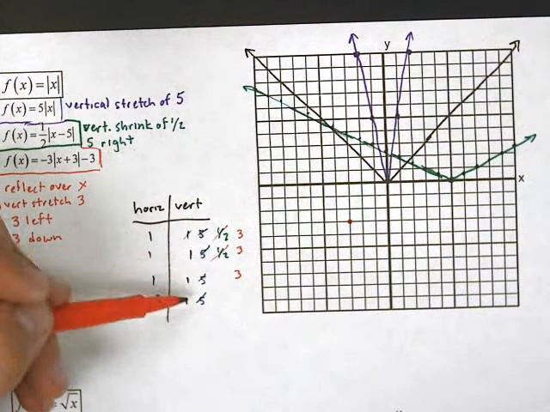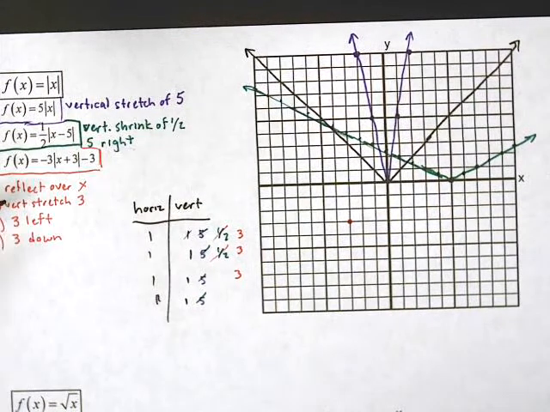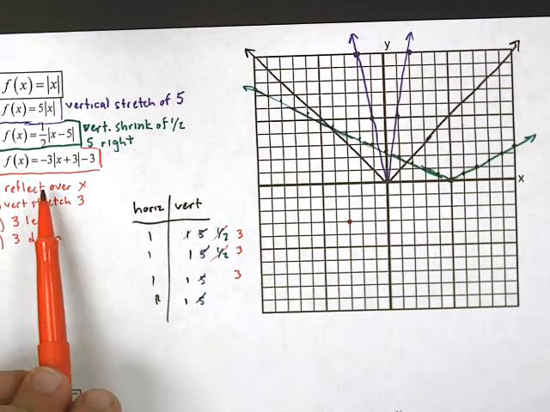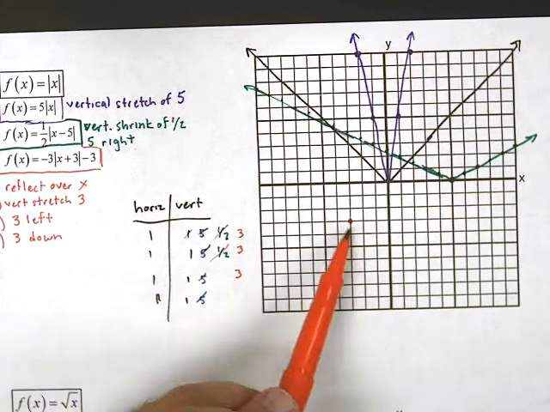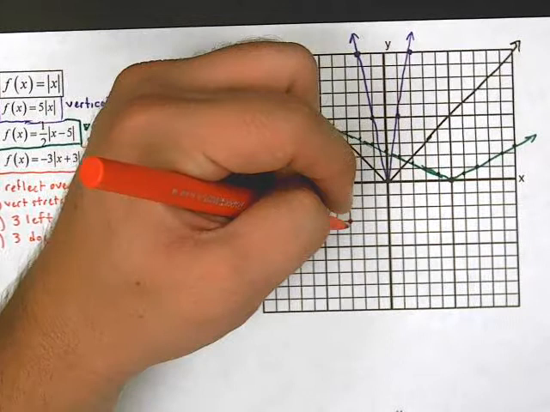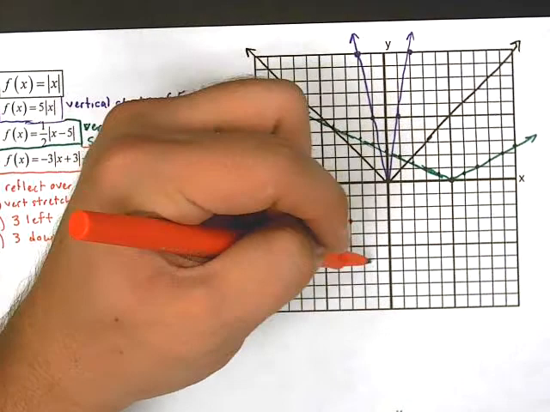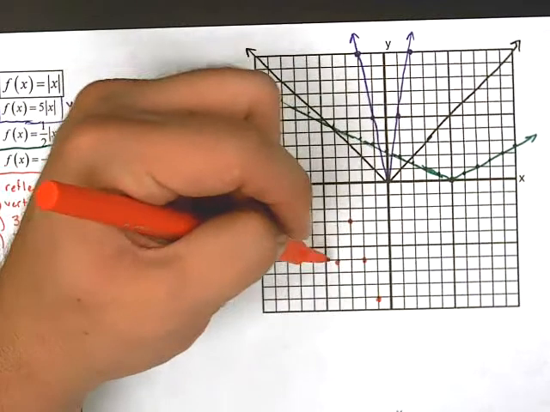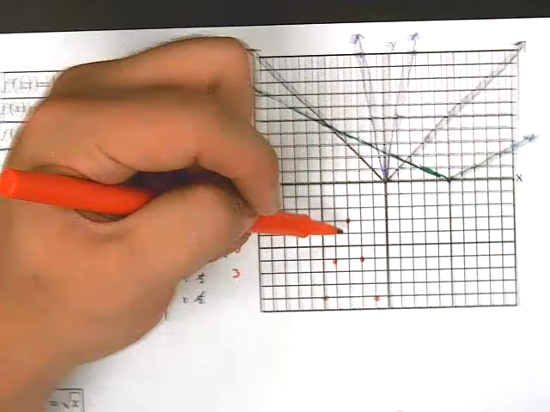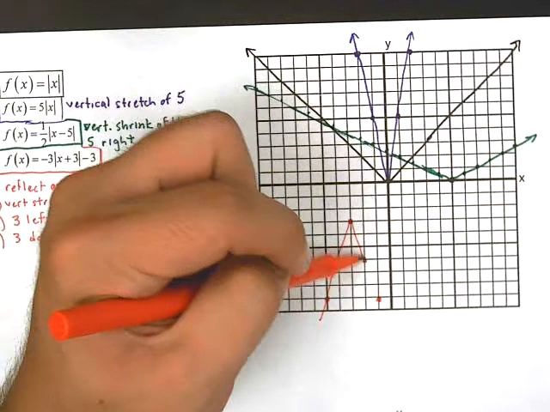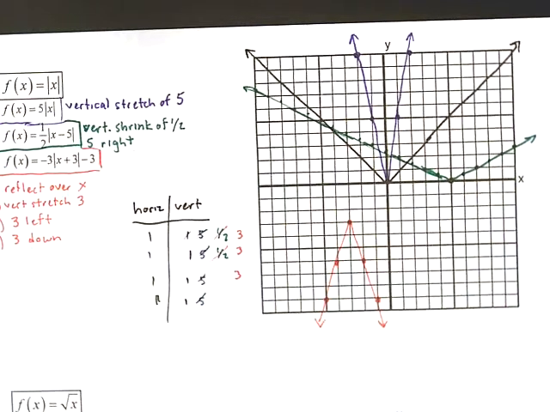You can use this in multiple ways. You have to be smart enough to understand that if I'm reflecting over x, I mean I'm going down 3, right? So over 1, down 3, back 1, down 3, over 1, down 3 again, back 1, down 3 again. And now I have my graph.